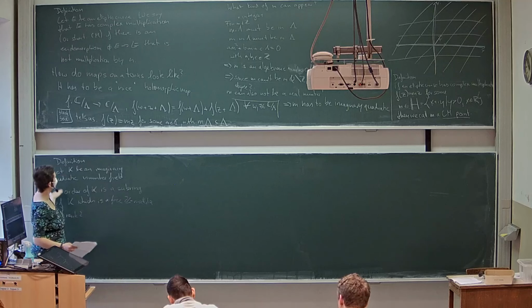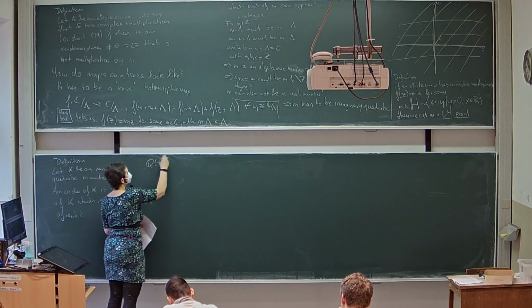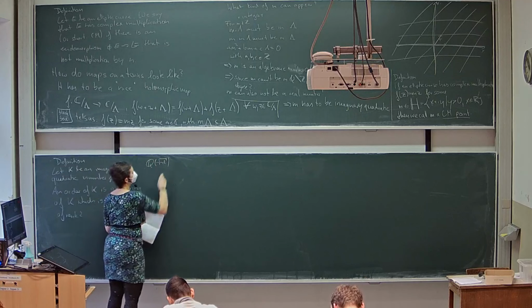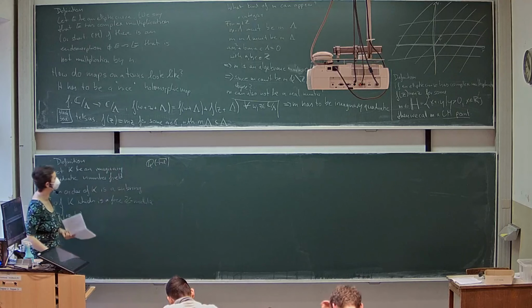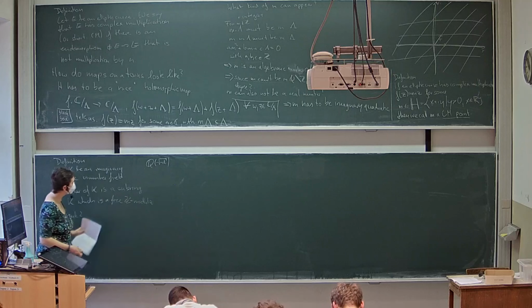Let K be an imaginary quadratic number field. This means that K looks like this for some positive integer d, and d is square free.